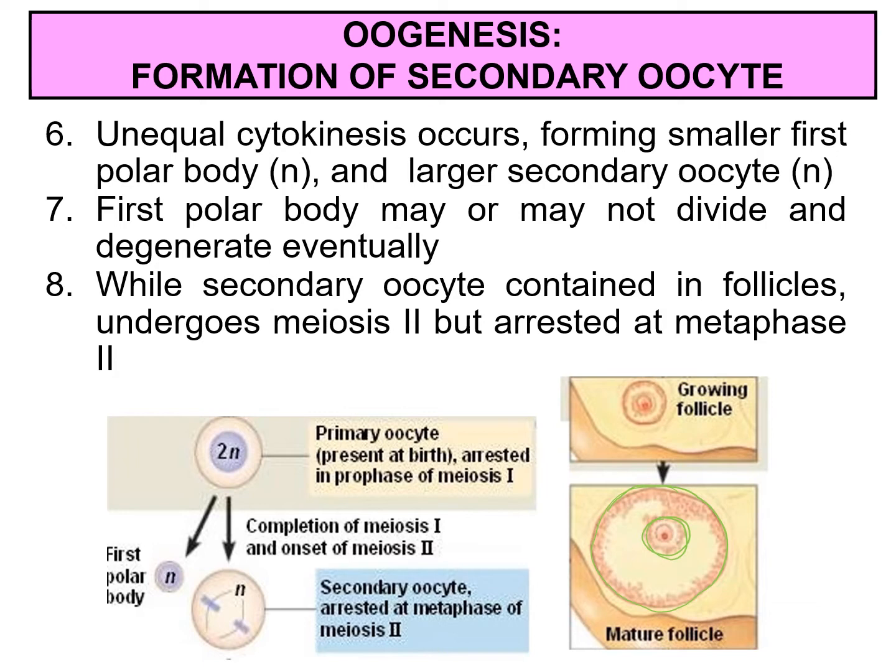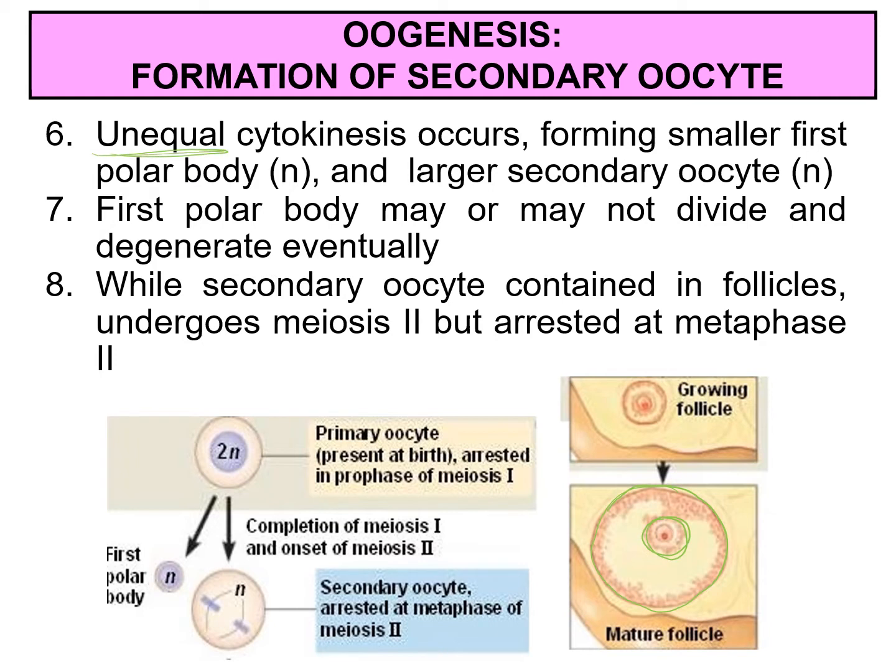So at the end of meiosis 1, after telophase 1, cytokinesis should occur to produce two daughter cells: one is the secondary oocyte, and the other is the polar body. But the cytokinesis happens unequally. It is an unequal division.